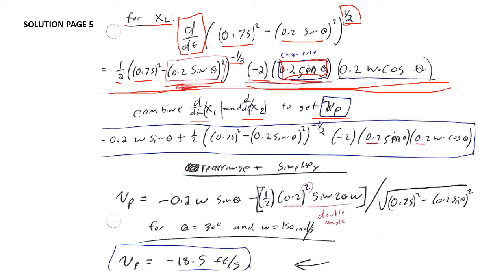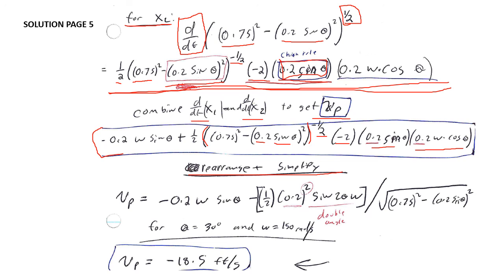So we plug those in together, and we end up with this equation down here, where we have negative 0.2 omega times the sine of theta plus 1/2 times now our 0.75 squared minus 0.2 sine of theta squared, all to the 1/2 power, times negative 2 times 0.2 times the sine of theta times 0.2 omega cosine theta. So very long involved term there. But we can do some rearranging and simplification in order to make this a little cleaner.